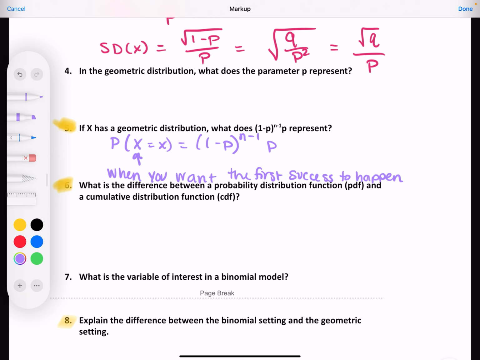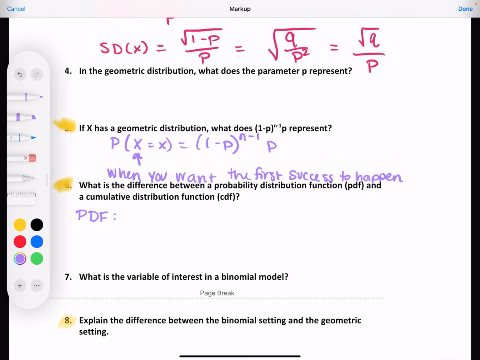All right, so the next one, what is the difference between a probability distribution function, or a PDF, and a cumulative distribution function, CDF? So hopefully by seeing those names, that helps you. Cumulative means more than one, adding it up. PDF is just a probability distribution function.